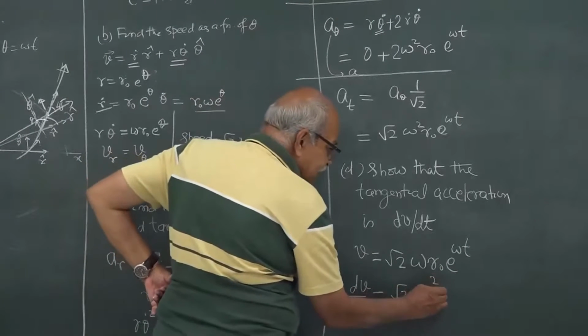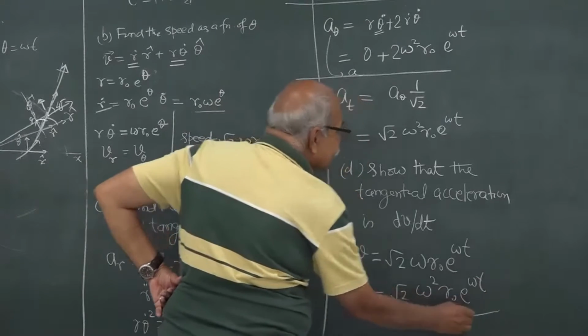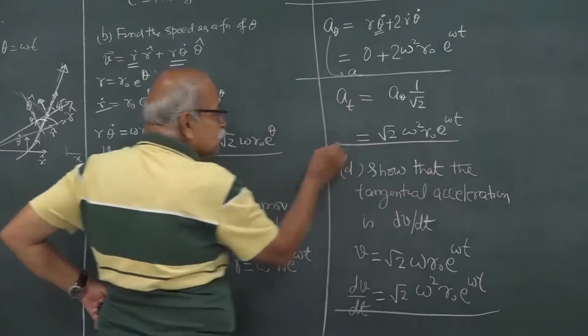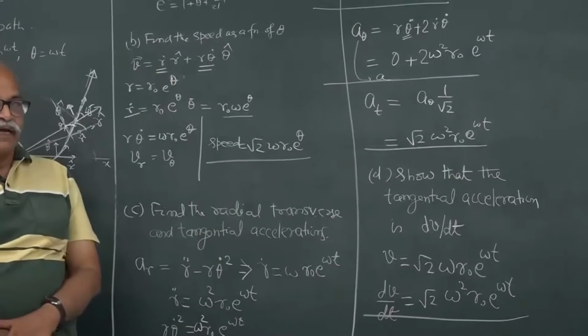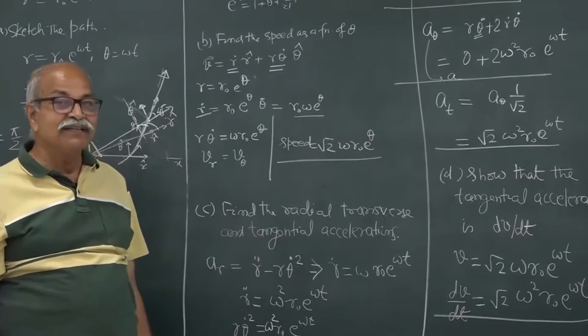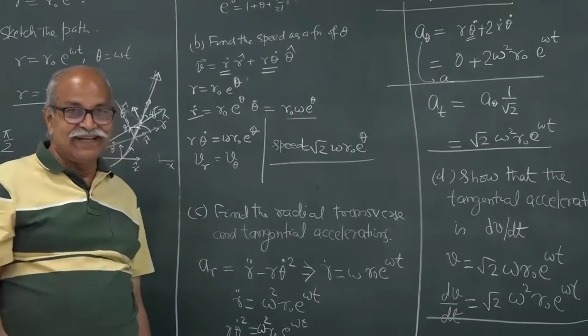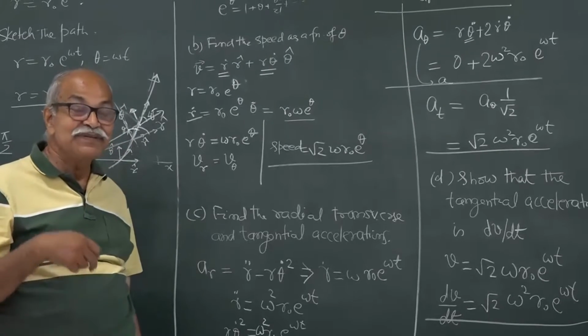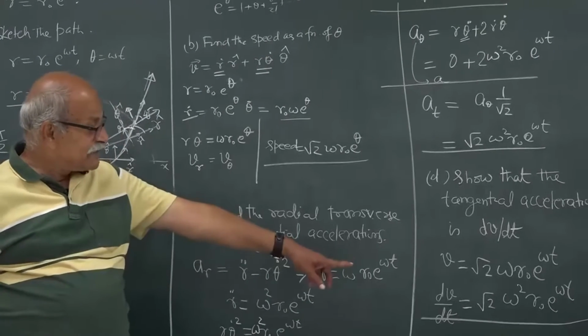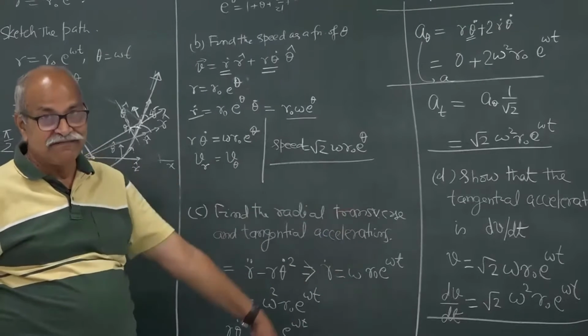So, omega squared here, r naught here, and e to the power omega t here, and you match. So, even if the path is not circular, the component of acceleration along the tangent is given by dv dt, the rate of change of speed.